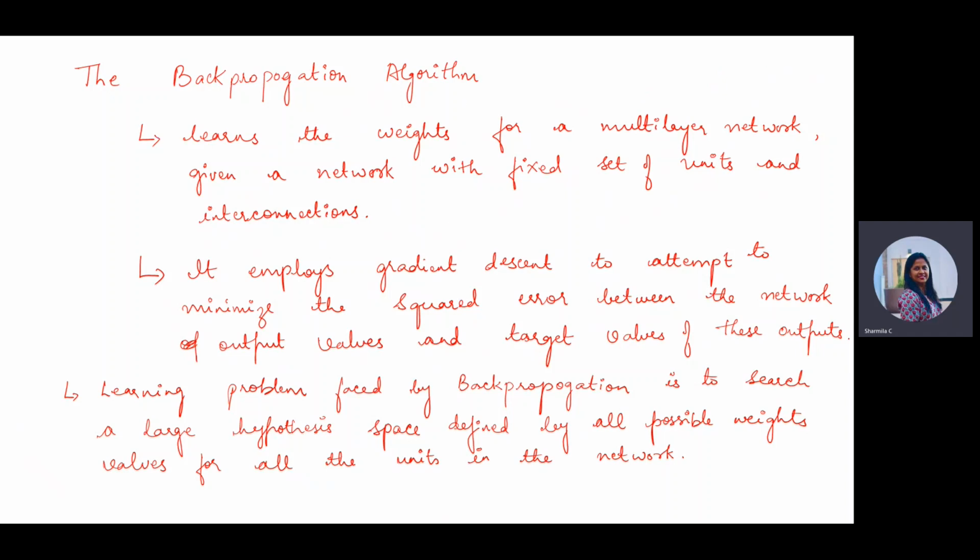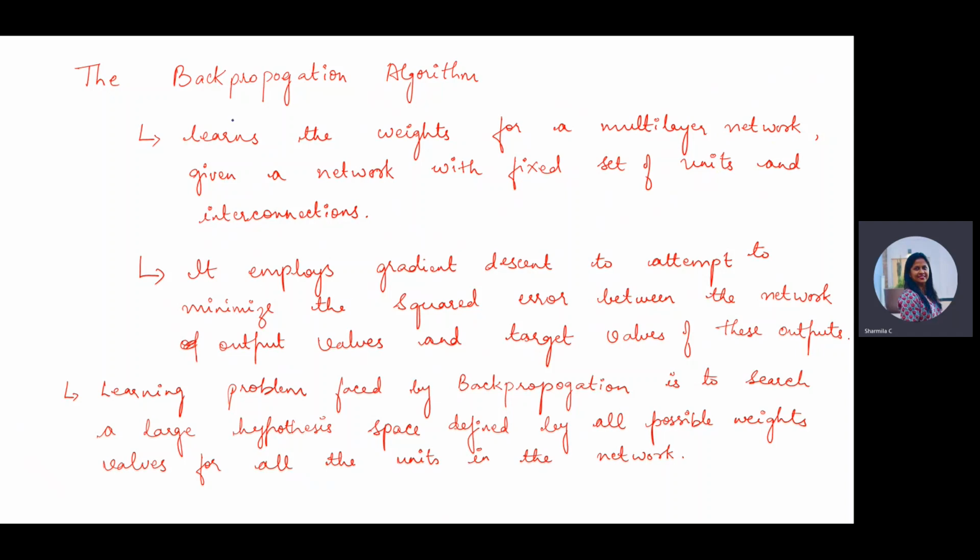So here we'll be doing the same operation, but using the backpropagation algorithm. The algorithm learns the weights for a multi-layer network, given a network with a fixed set of units and interconnections.